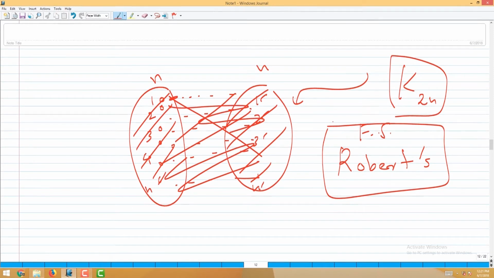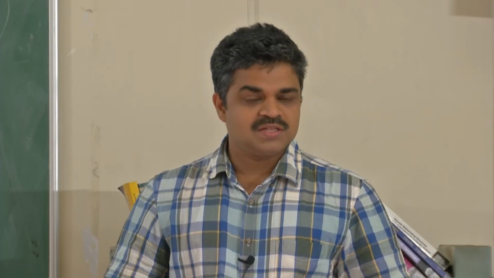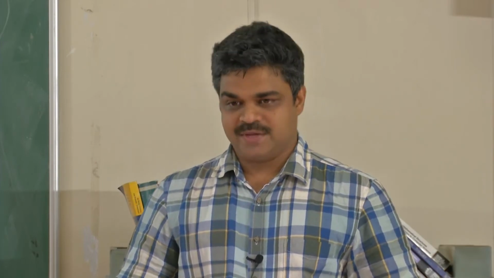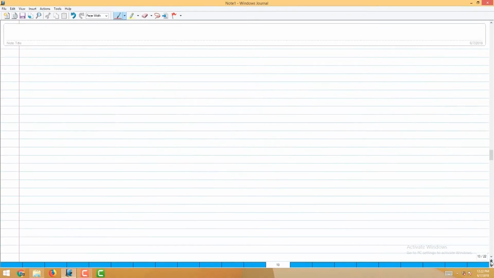I guess it is like 2n people go to a party, n of them are women, and actually they are husband-wife pairs, and when they go to the party, they talk to everybody else other than their wife or husband, right? So therefore this is the graph for that. So cocktail, I don't know why it's cocktail. There are several names for that, but I stick to the name Roberts graph.